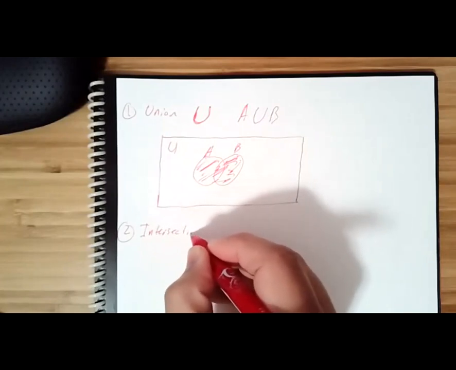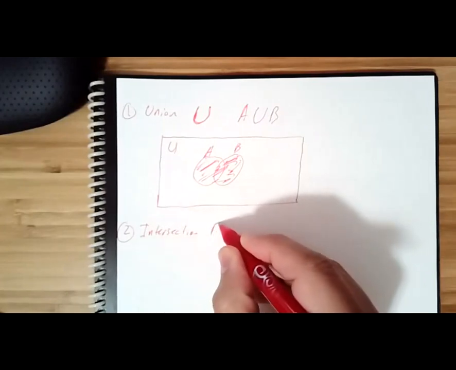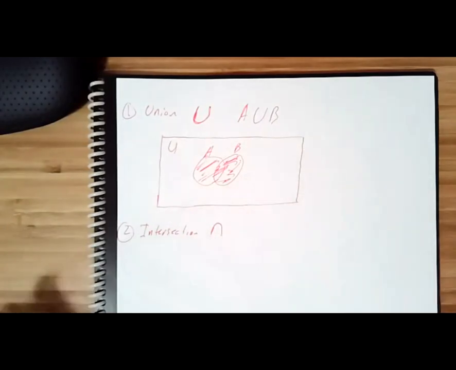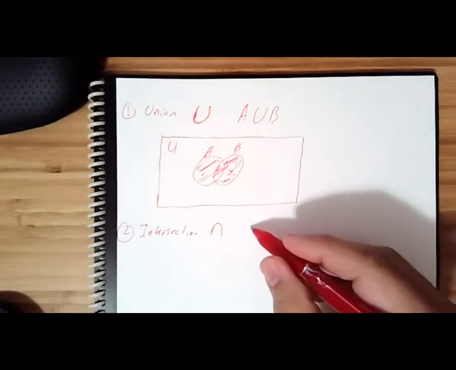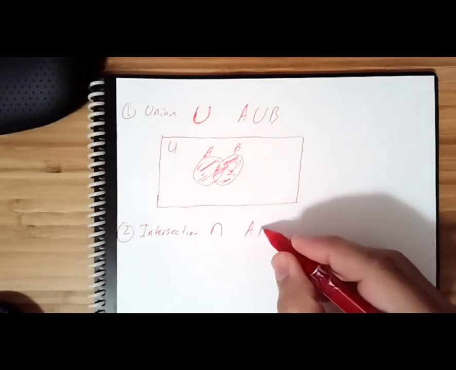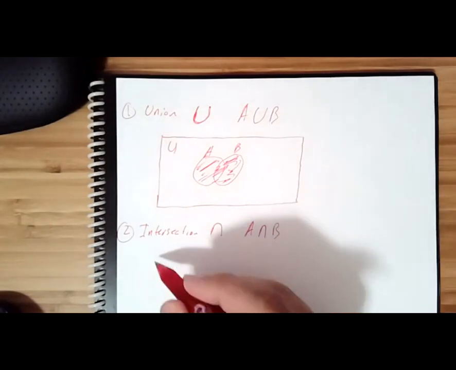Intersection is written this way, upside down U. So that means A intersect B is visualized this way.